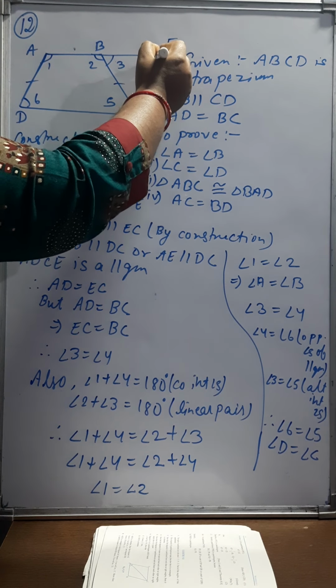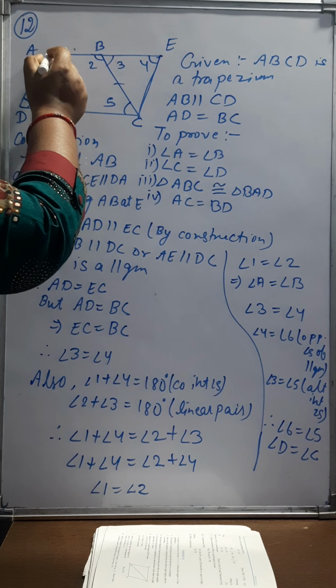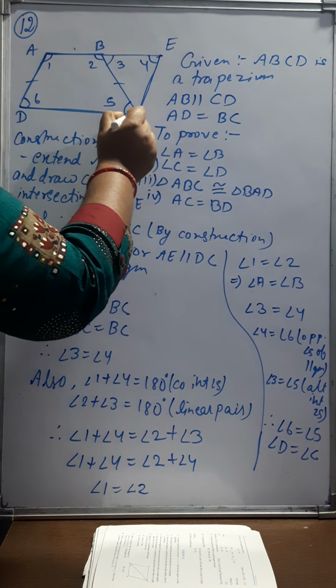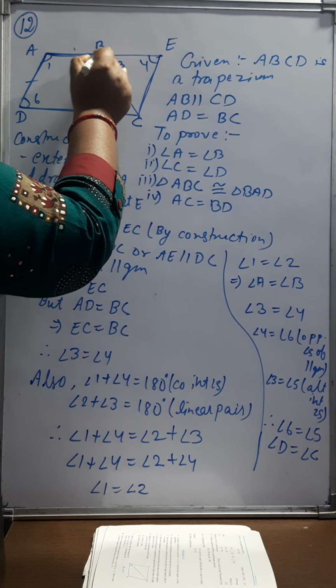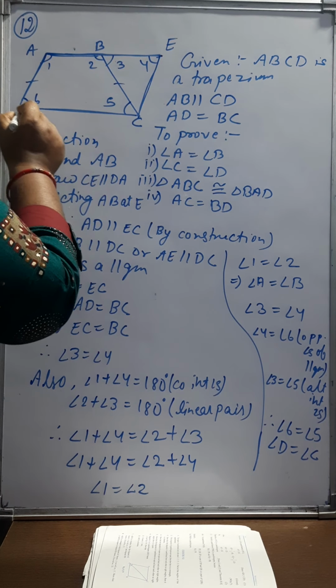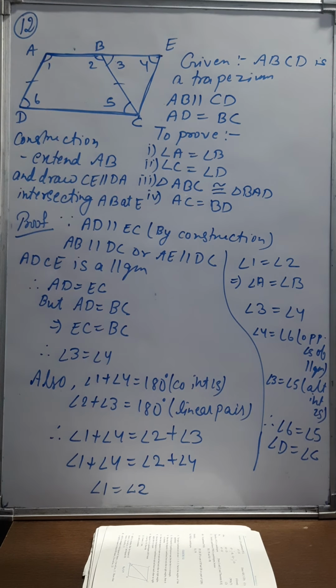AD is made parallel to CE and AB is given parallel to DC. If AB is parallel to DC, clearly the extended part of AB, which is AE, will also be parallel to DC. So in quadrilateral ADCE, AD is parallel to CE and AE is parallel to DC. So ADCE is a parallelogram because both pairs of opposite sides are parallel.